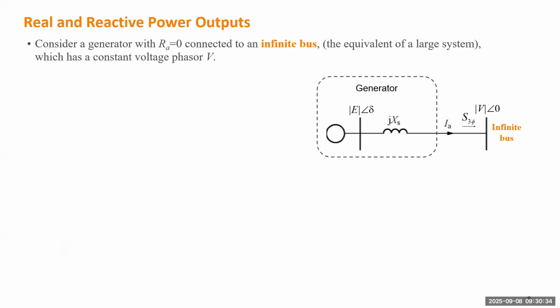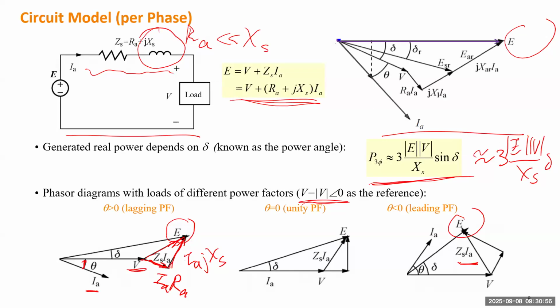All right, so next we can study the active and reactive power output of a generator. Just to make the system simpler, because we definitely need to connect the generator to a system. In the previous slides, we connected this generator as an AC source to a load.